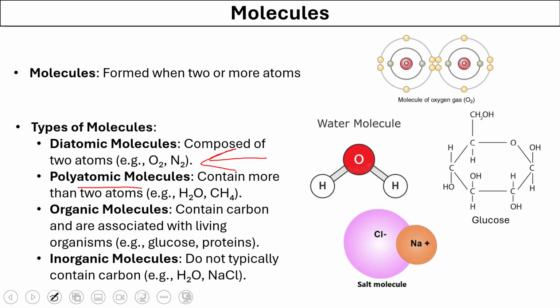So they are mainly found in living things or living beings. Inorganic molecules are not typically carbon containing, and they are also found in nature, in rocks, in minerals, in oceans, essentially outside of living bodies.